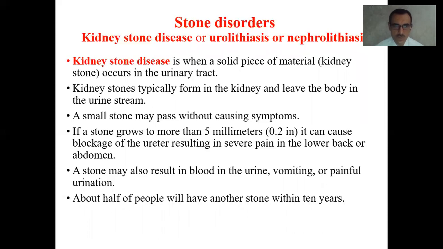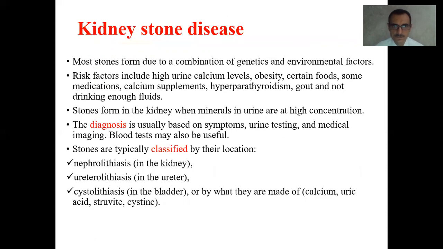If a stone grows to more than 5 millimeters, it can cause blockage of the ureter, resulting in severe pain in the lower back or abdomen. A stone may also result in blood in the urine, vomiting, or painful urination. About half of people will have another stone within 10 years.